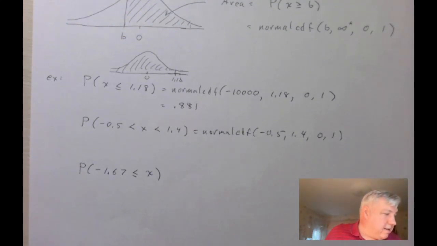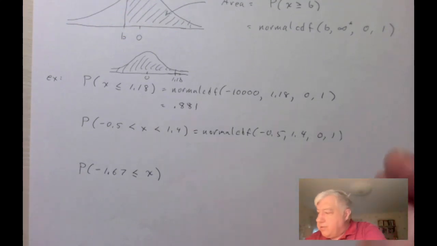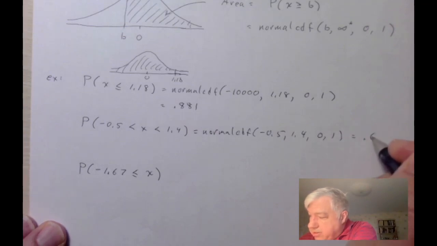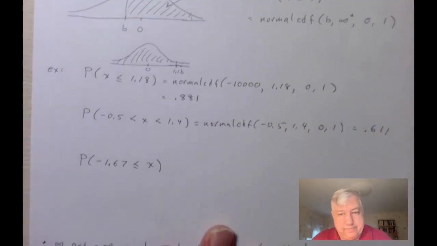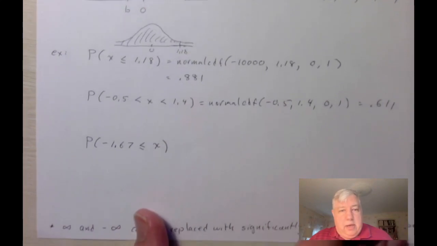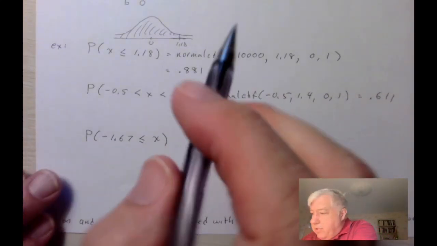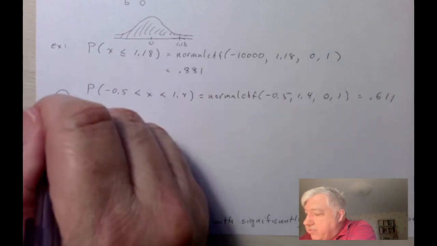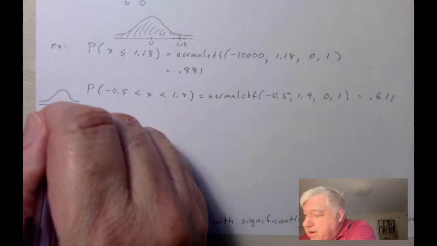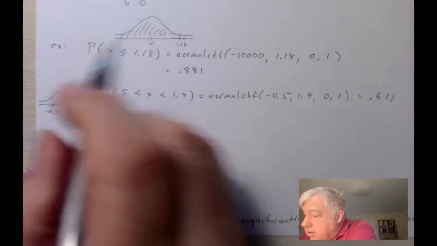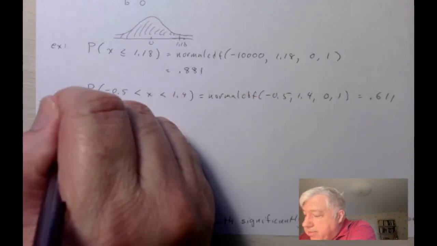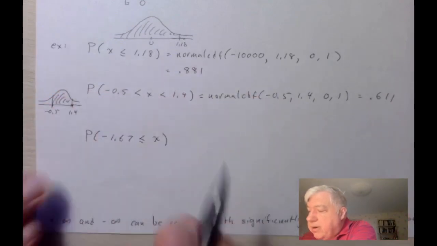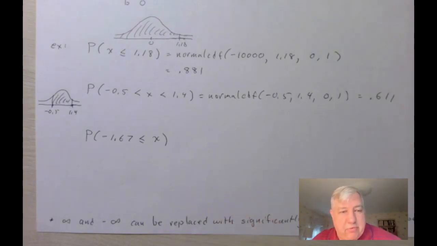If we enter that in our calculator, it turns out to be 0.611. And the area would look like this: negative 0.5 is here, 1.4 is over here, and we're talking about this area right here. So we are talking about 2 boundaries here.